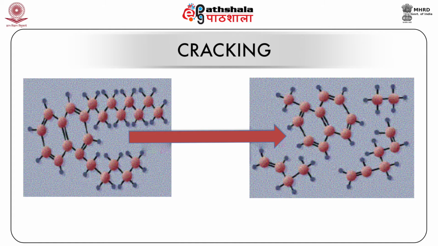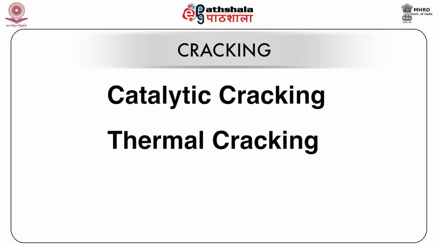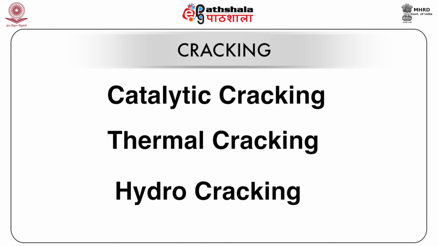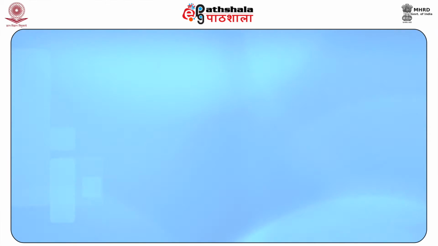These processes include catalytic cracking, which takes place in the presence of a catalyst, thermal cracking, which takes place in the presence of heat, or hydrocracking, which takes place in the presence of hydrogen gas. So, in cracking, the bigger molecules are broken into smaller molecules with the help of catalyst, heat or hydrogen gas.